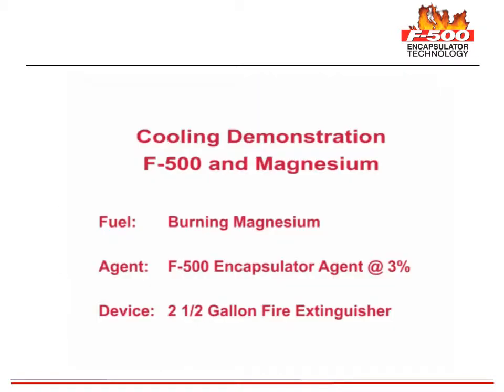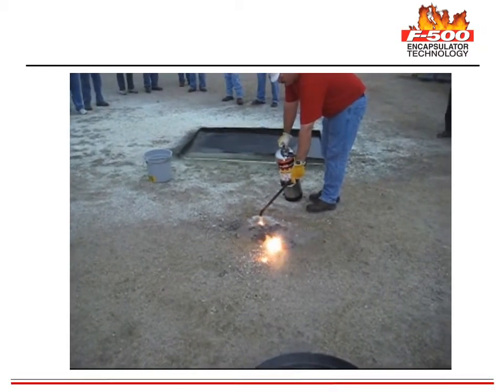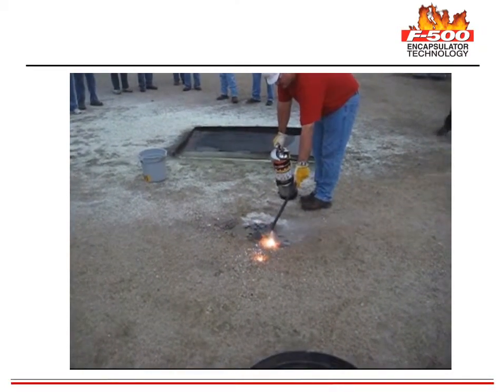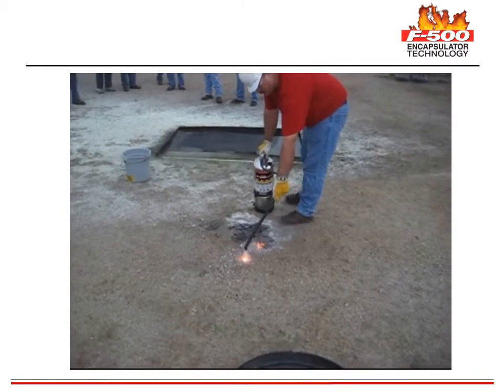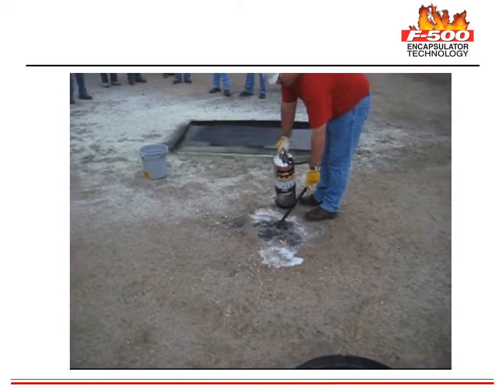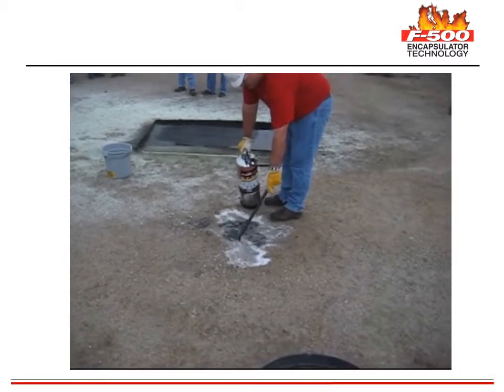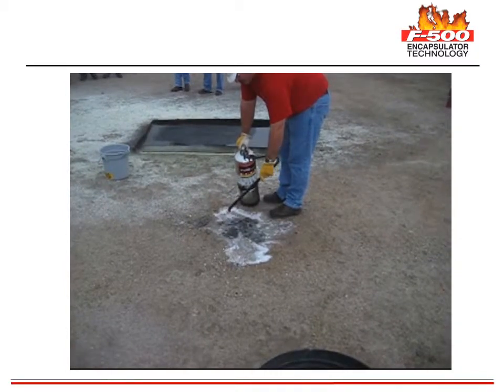Though only 3% of F500 is used with the water in this fire extinguisher, this mixture no longer reacts like water. The F500 surrounds the water droplets, protecting the water from the intense heat, preventing the formation of hydrogen. Instead, F500's remarkable cooling ability quickly removes the heat.